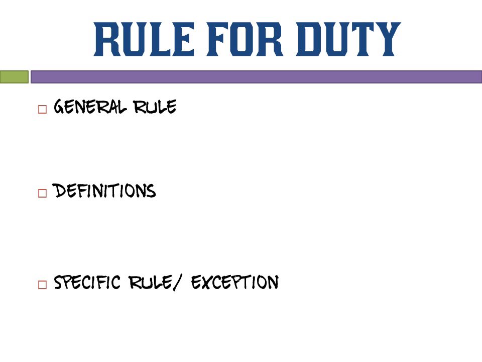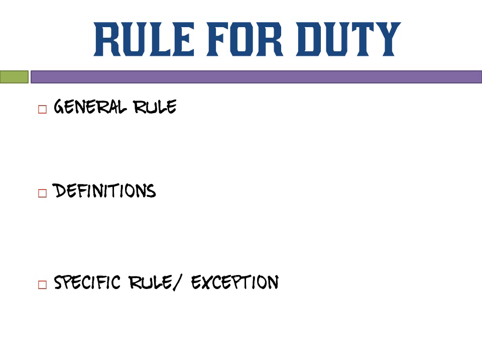But you could also argue a special relationship because the uncle or aunt is in control of the nephew. Nephew's young enough. You could even argue an affirmative act. I'm going to go with premises liability because that's what was intended by the folks who wrote this bar essay.